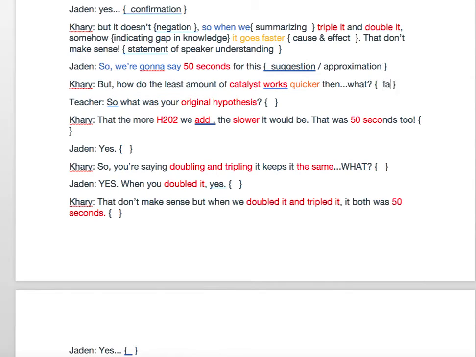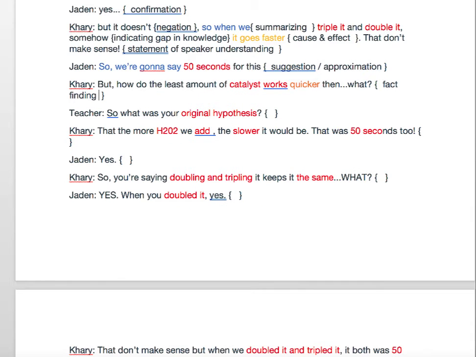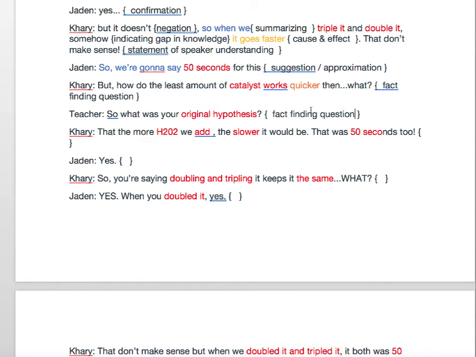Obviously, this is a fact-finding question. So what was your original hypothesis? This is also a fact-finding question, but it is a fact-finding question about a speaker's idea, whereas the other is a fact-finding question about the details of an actual phenomenon.